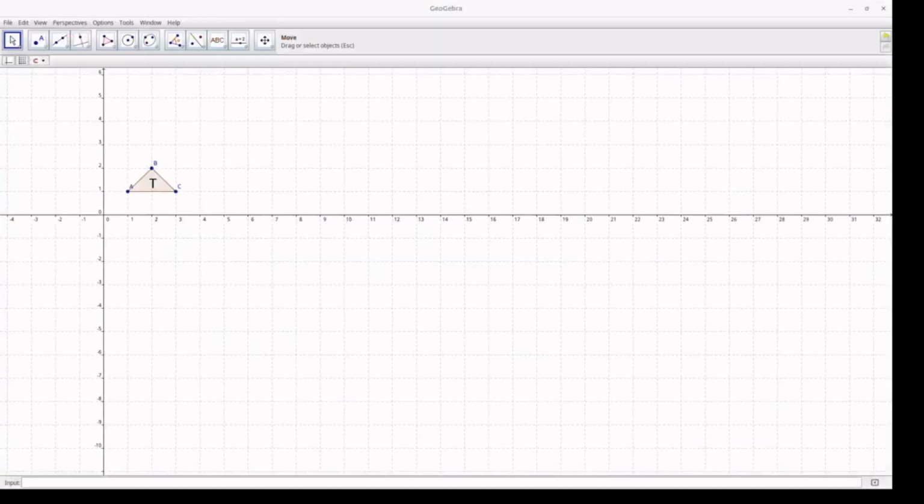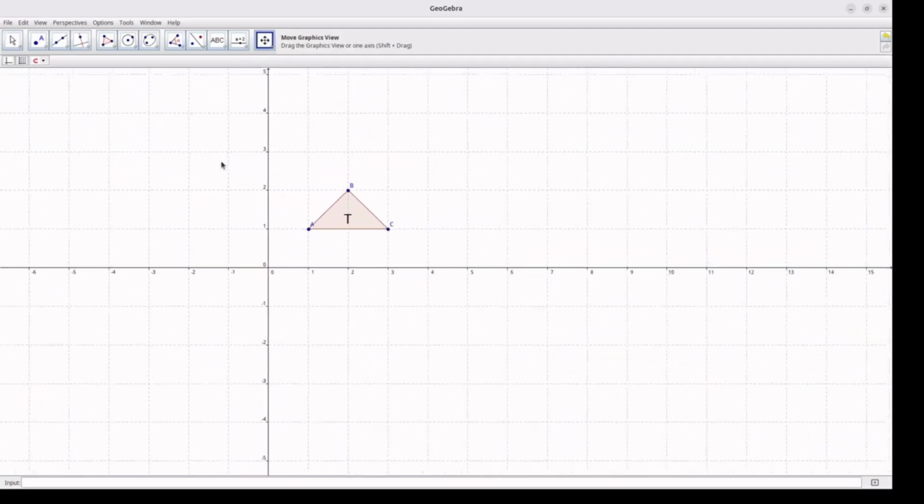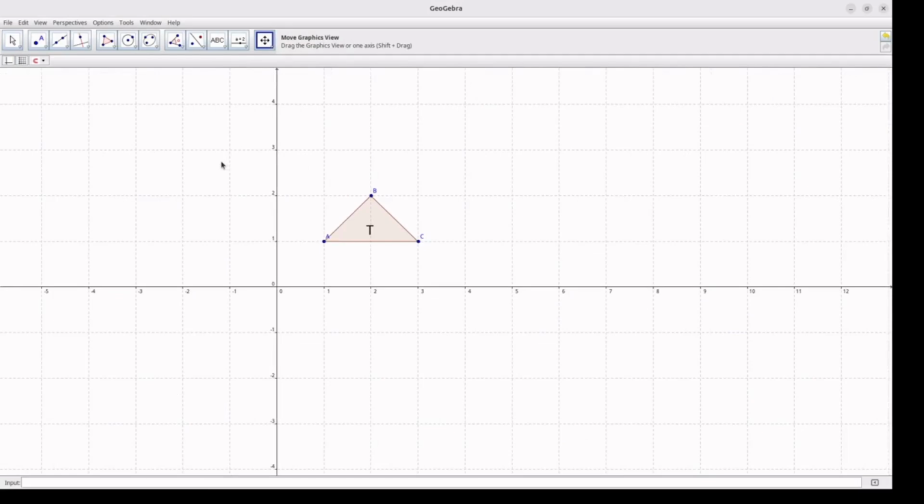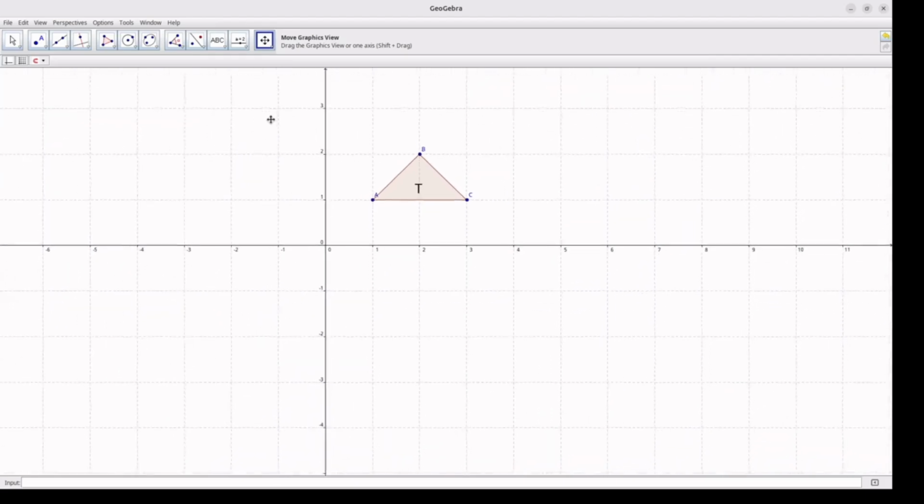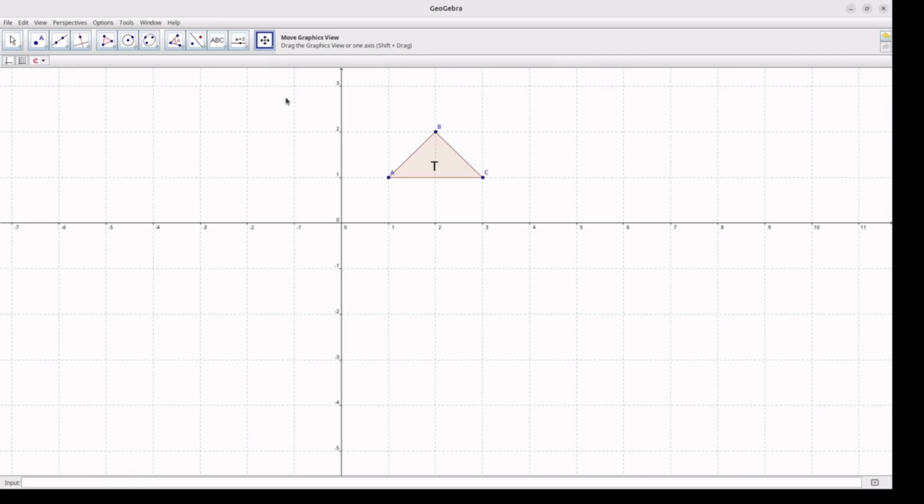Back to GeoGebra. Maybe I should zoom this out. It's (-6, -5). Now let's check. For the first point, but on GeoGebra you can just translate directly.